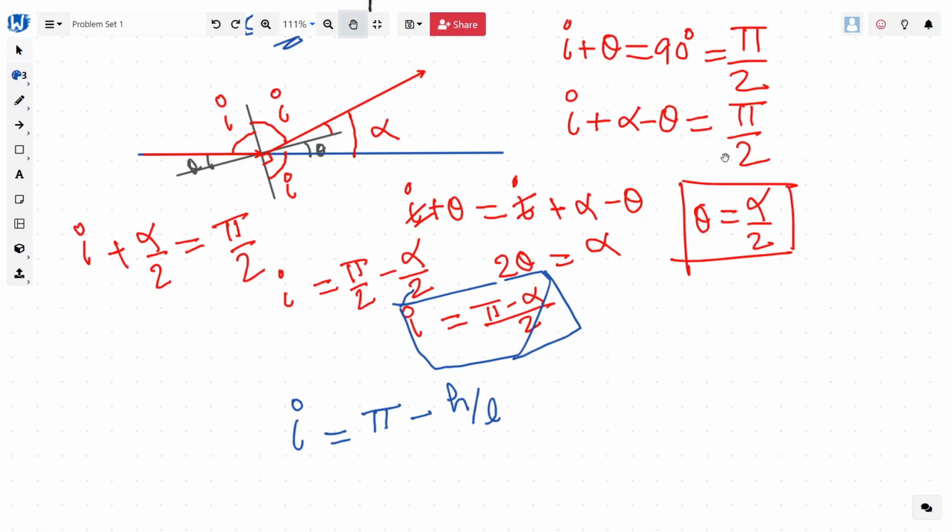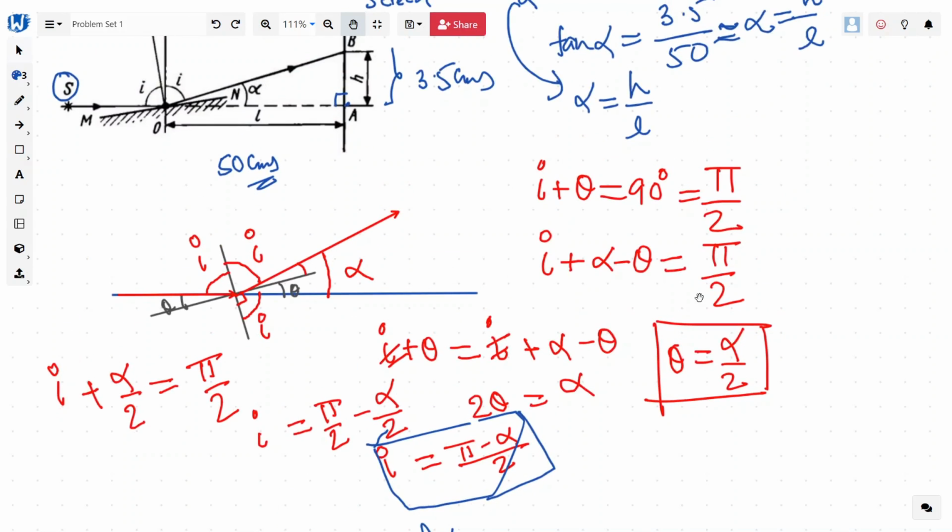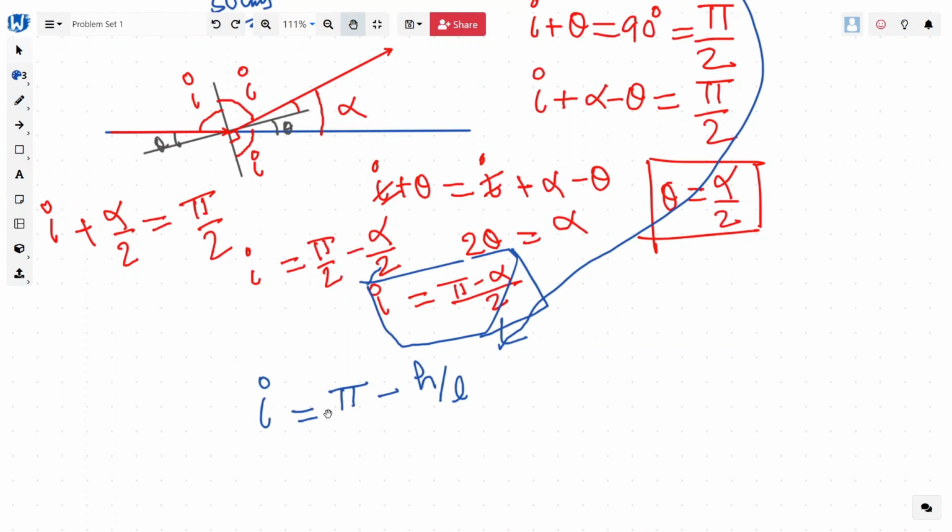So we already found it from here, by 2, we'll have our I.